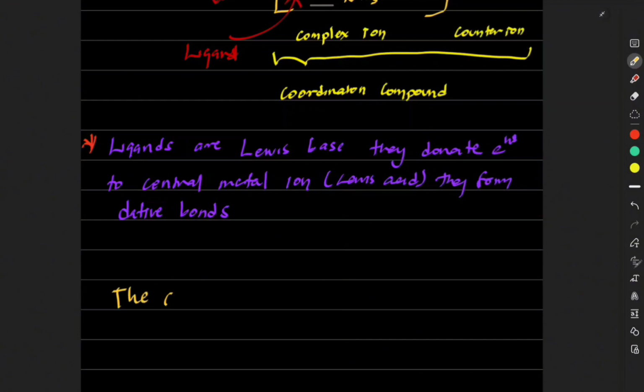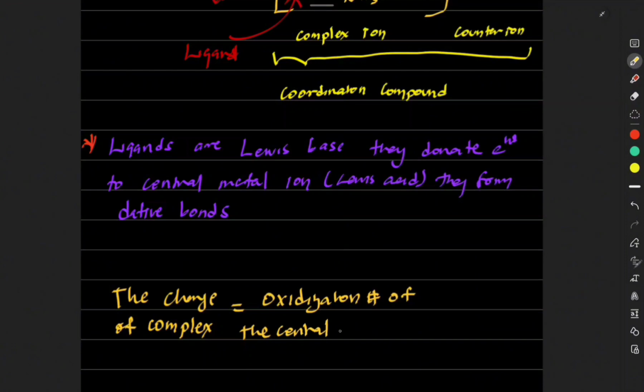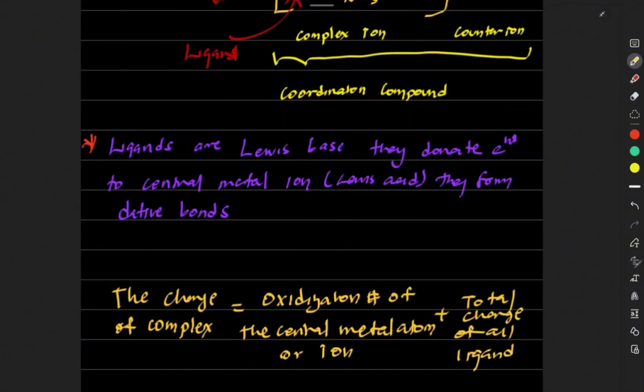The charge of the complex is equal to the oxidation number of the central metal atom or ion, plus the total charge of all ligands.